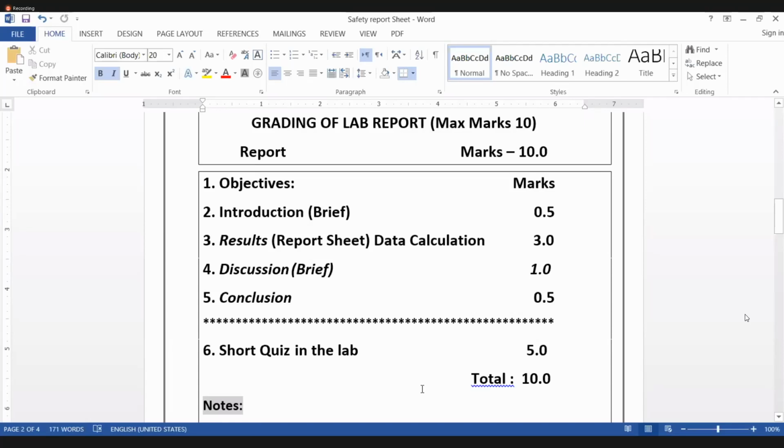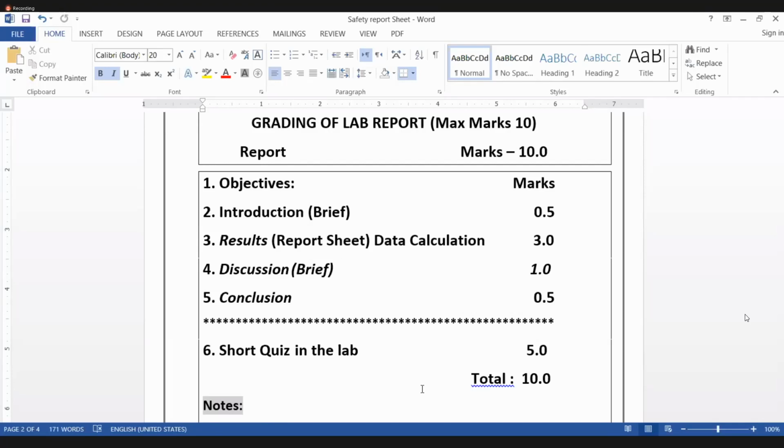Very good. So now, when you write the report, you should follow these guidelines. First, you write the objective. You will get this objective from the information, and I will also put the information on the blackboard. Introduction is also there, but you have to write the introduction briefly.